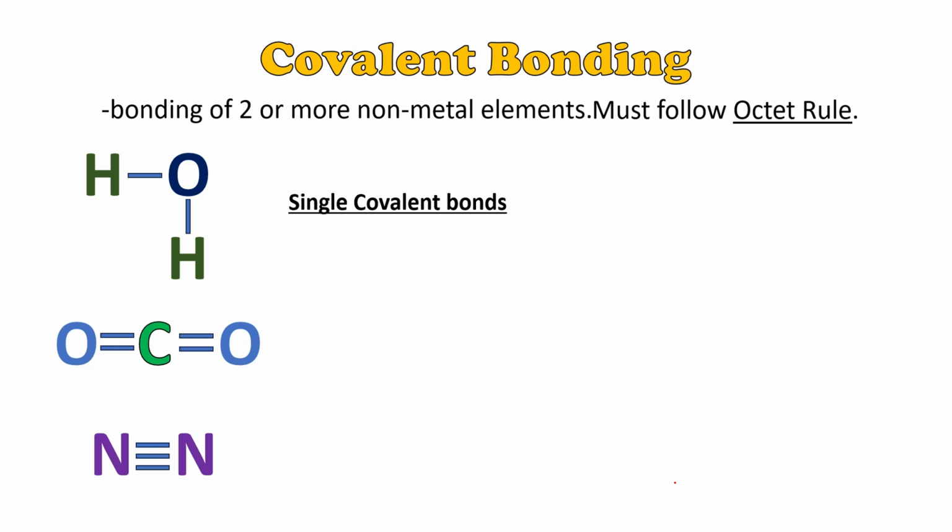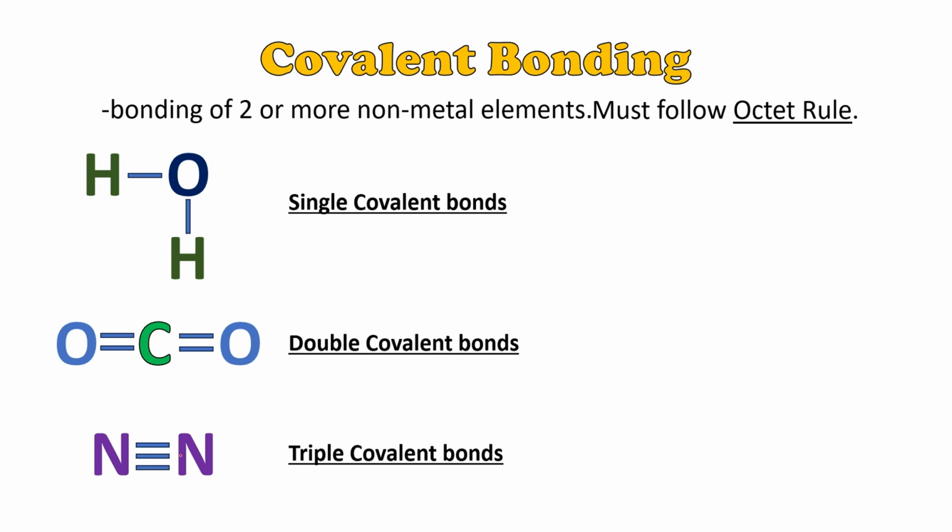And since there are two of them, we call them single covalent bonds. And if you see two lines between two atoms, then we call that a double covalent bond. And three lines is a triple covalent bond.